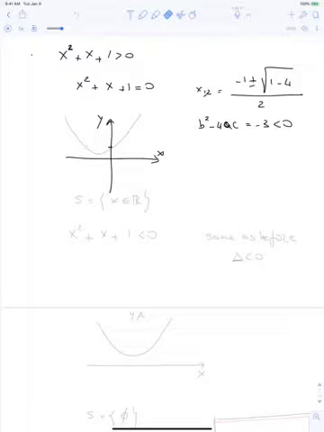Well, I didn't do it right. Let's plug in some numbers just to check: in 1 it's going to be 1 plus 1 plus 1 is 3. In 0 it's 1. In minus 1 it's going to be 1 minus 1 plus 1, which is 1.